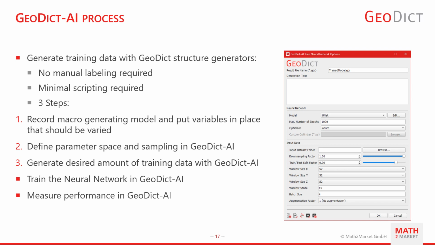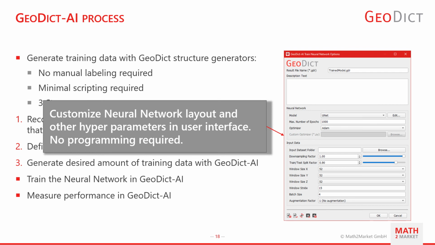Afterwards, you of course have to train the neural network. For that, you don't need to do any scripting at all. You can do it all out of the user interface. You can change the hyperparameters, you can change the layout of the neural network without any need to know how to use, for example, TensorFlow.